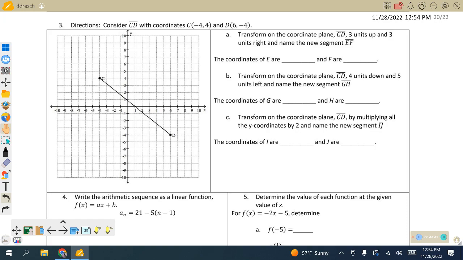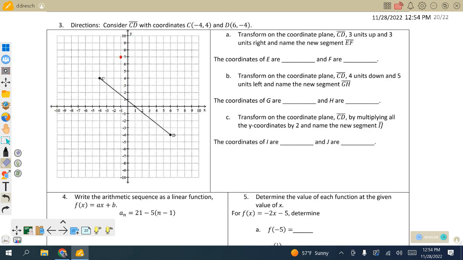So this time we have a movement left and right happening. So go find the point. Let's take CD here. And what do we want to do with CD? We want to take it 3 up and 3 right. So take C, go 3 up: 1, 2, 3, and then go 3 right: 1, 2, 3.